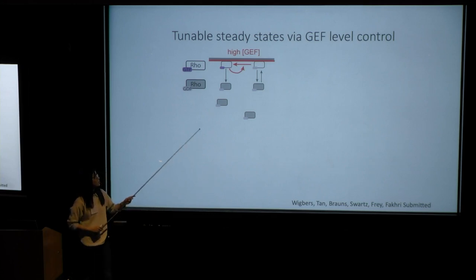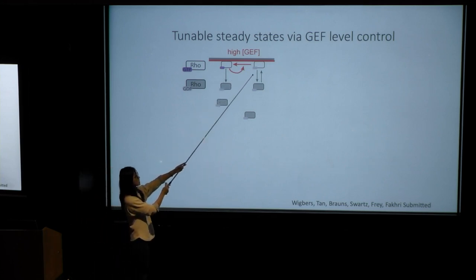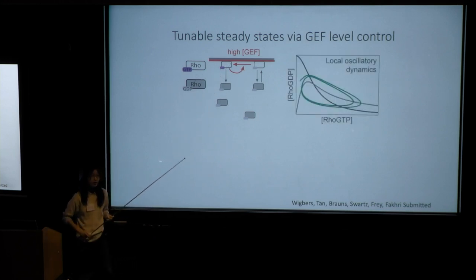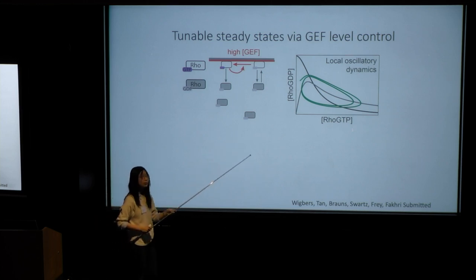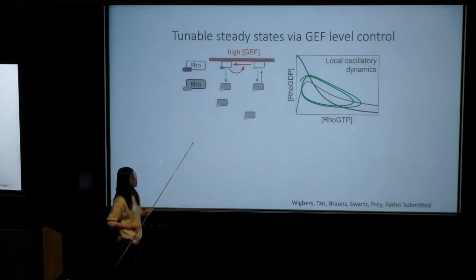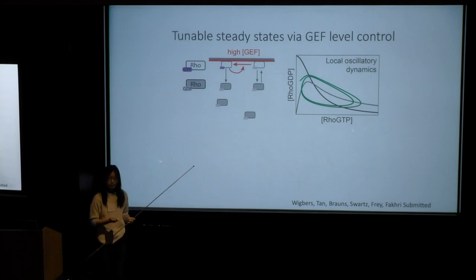The GEF molecule activates a self-catalyzed transition from the inactive conformation to the active conformation on the membrane. We know that such reaction diffusion kinetics embeds a limit cycle in the Rho species phase space, which corresponds to the local oscillatory dynamics that we already observe in the active Rho species.